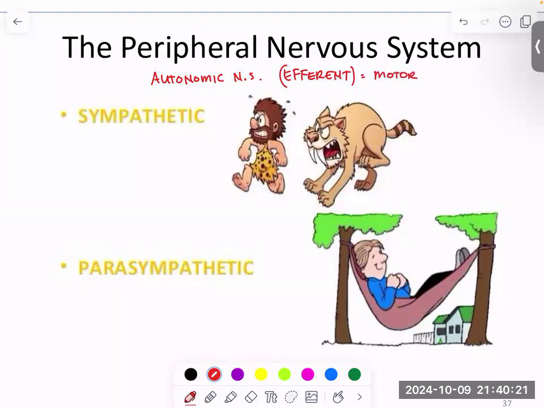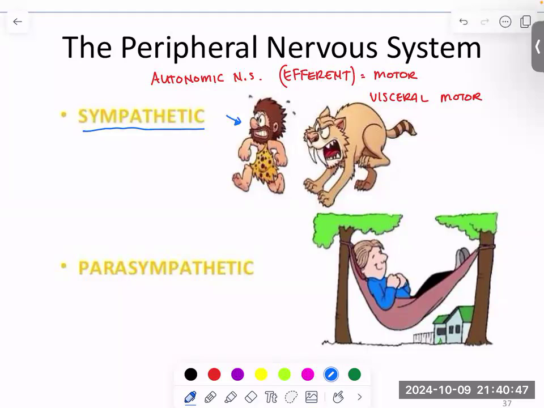To be specific, visceral motor. That means things you do not control that are automatically controlled. One branch is the sympathetic division. Look at this dude.